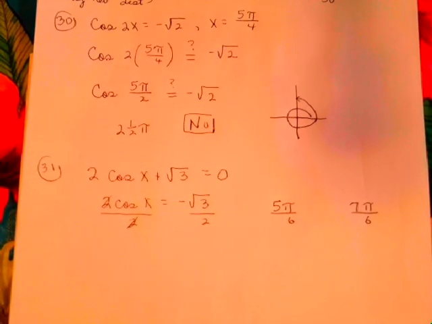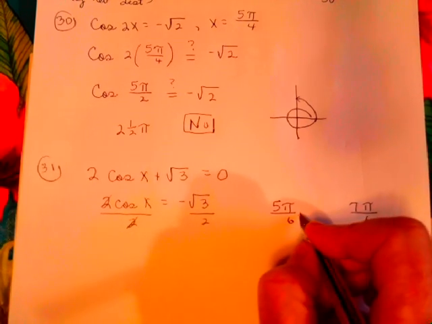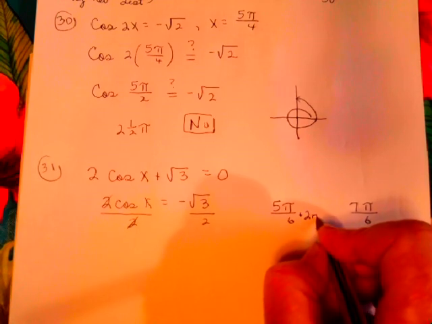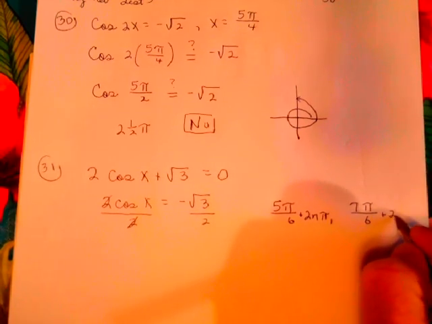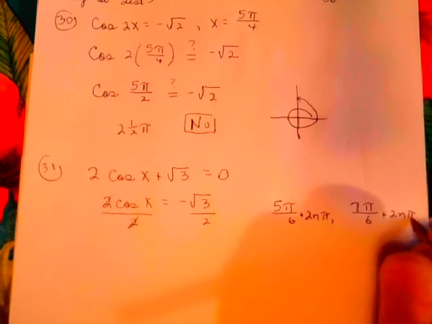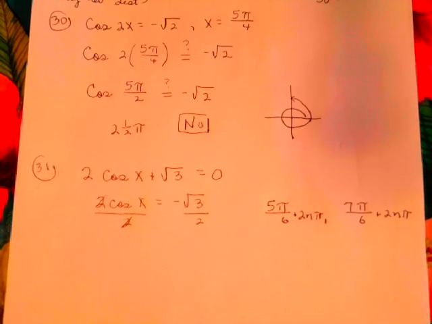On the study guide, some of the answers will say plus 2n pi and plus 2n pi. The reason the answers are written that way is because here I am at 5 pi over 6.